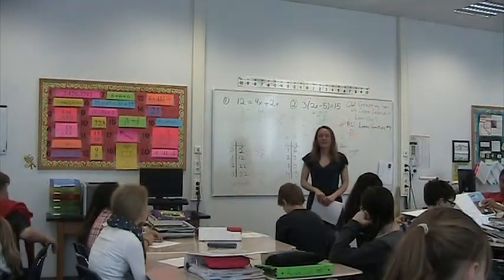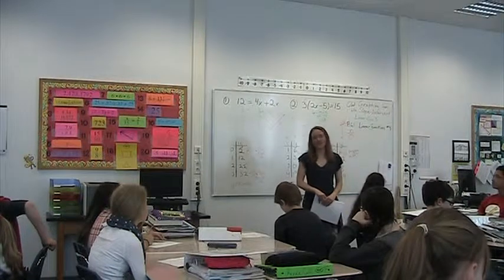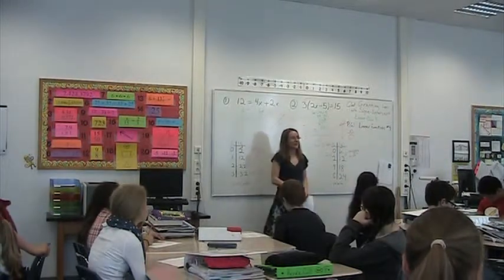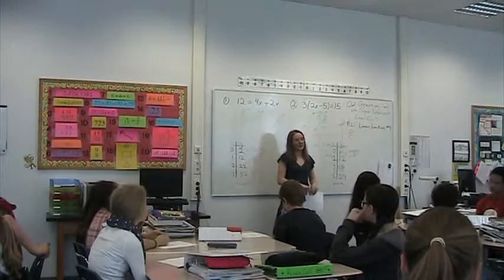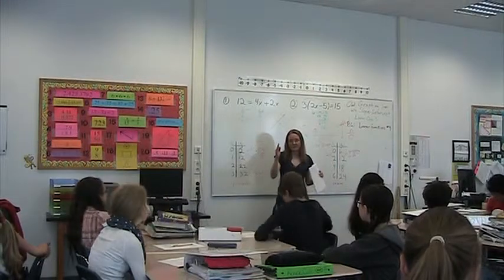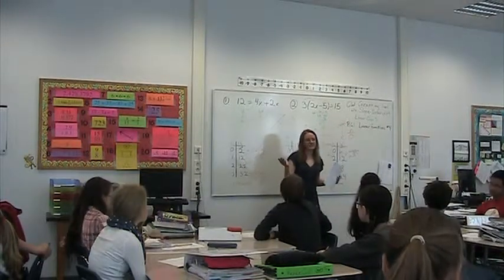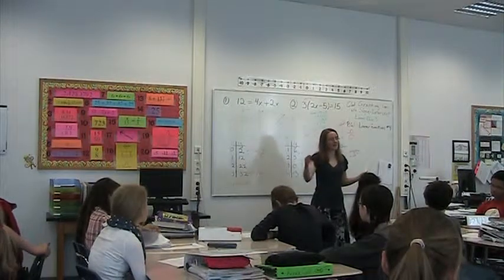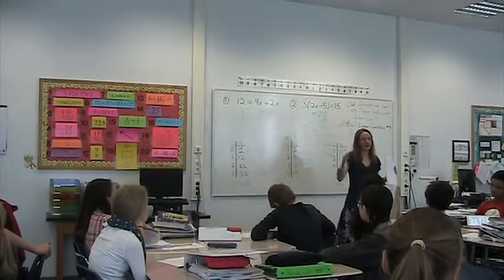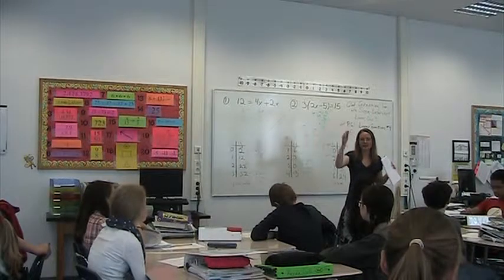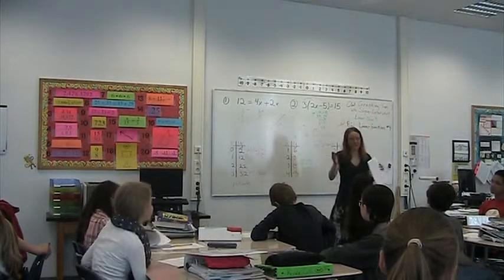If it's like 50 degrees outside at the beginning of school, but then maybe at 7 o'clock it's 60 degrees. If it goes up by 10 degrees, if it gets hotter, how hot is it going to be at 8 o'clock? 70, right?